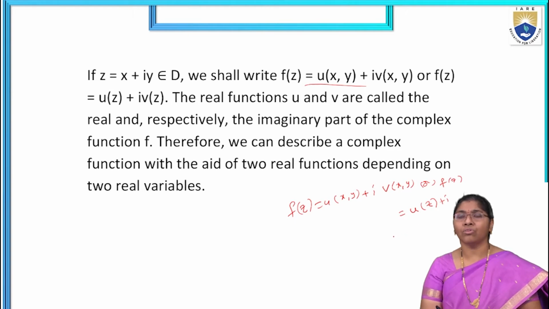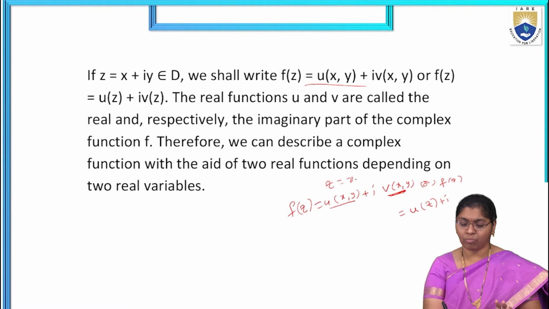The real functions u and v are called the real and imaginary parts of the function f. Therefore u is the real part and v is the imaginary part respectively of z equal to x plus iy.